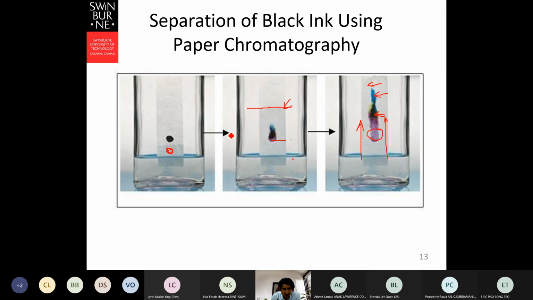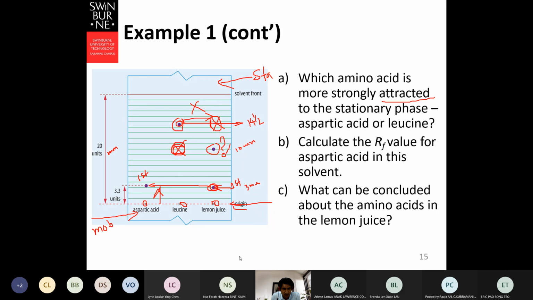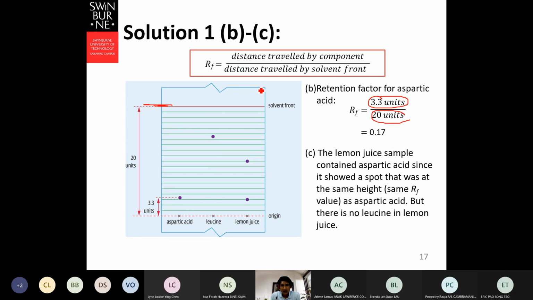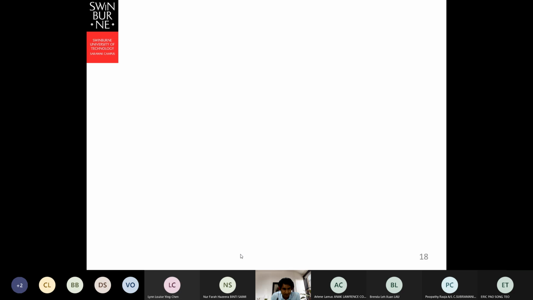This is the zero line, 0 millimeter. From here until there, the solvent reaches. This is the maximum solvent, we call it the solvent front. So the aspartic acid reaches 3.3 units and the solvent reaches 20 units. So 0.17 is the retention factor for aspartic acid.